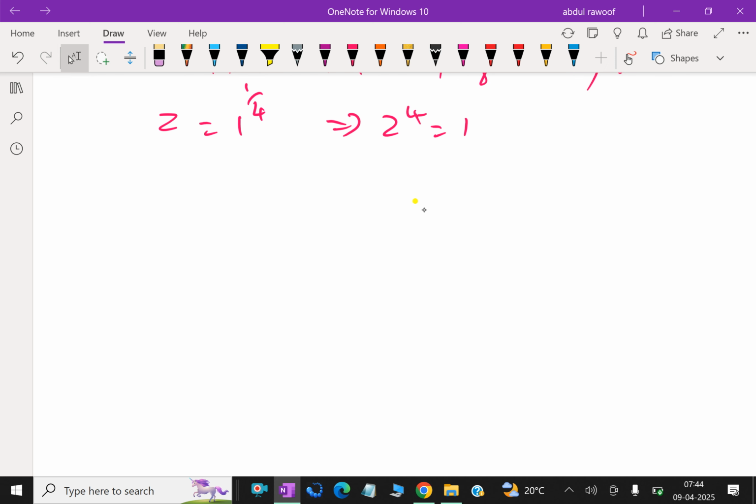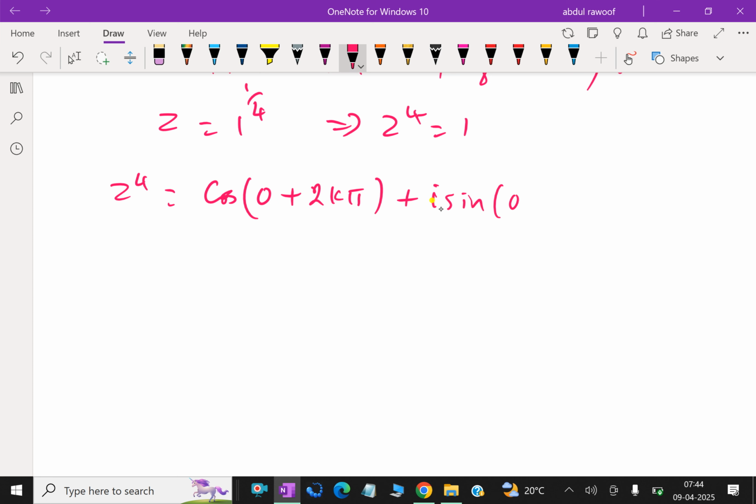Then we can say z⁴ = cos(0 + 2kπ) + i sin(0 + 2kπ).